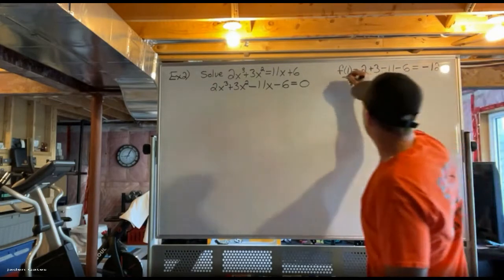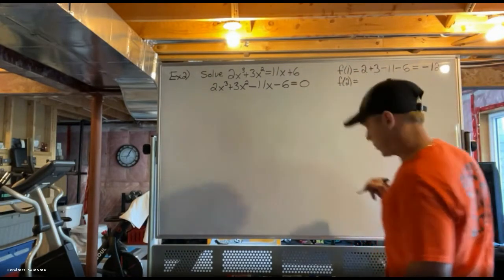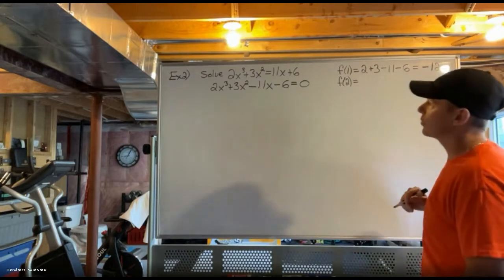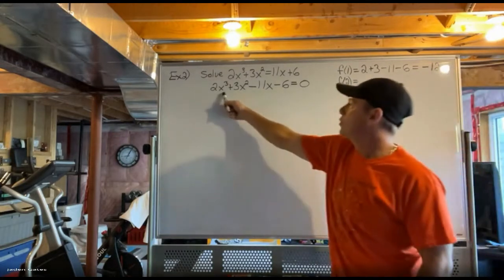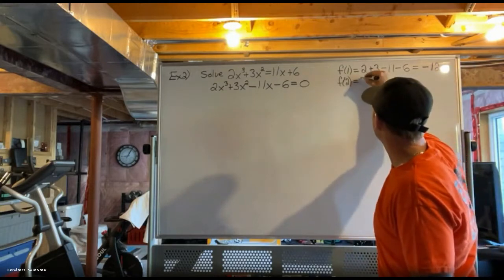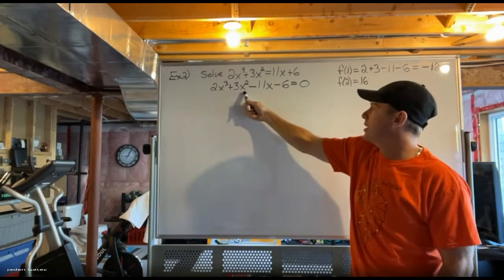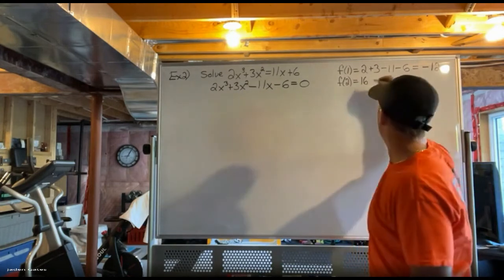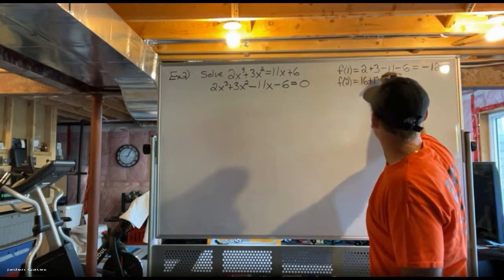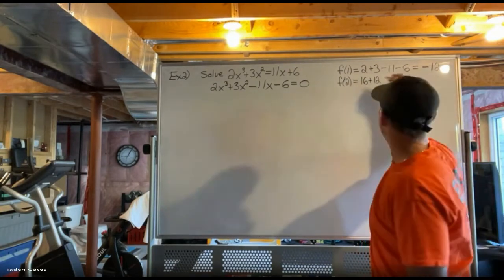All right. So let's try 2 then. Make sure I got my calculator. All right. So let's see here. 2 cubed is 8. Times 2 is 16. 2 squared is 4 times 3 is 12. Minus 11 times 2 is minus 22.